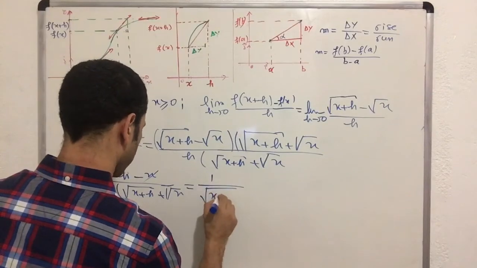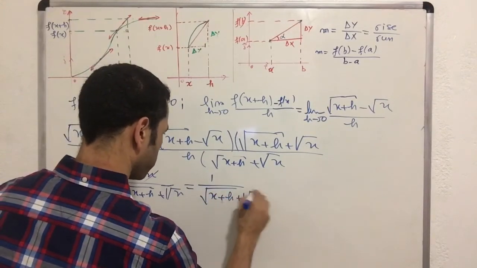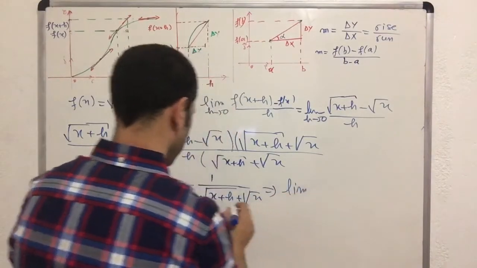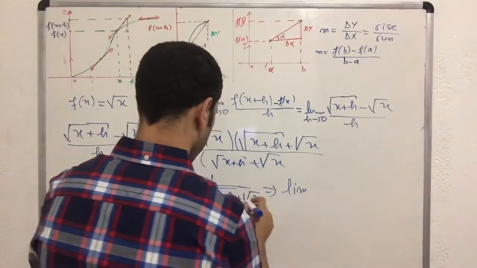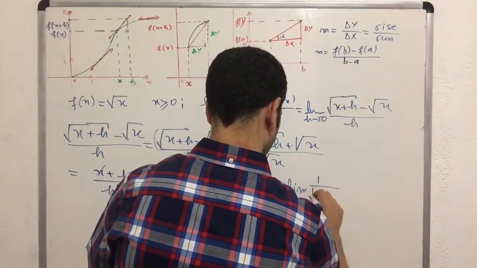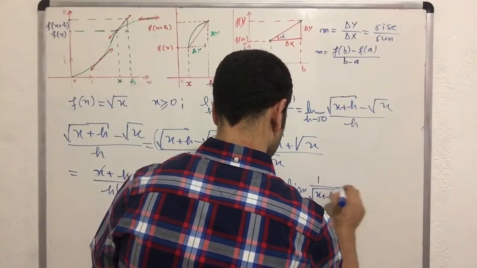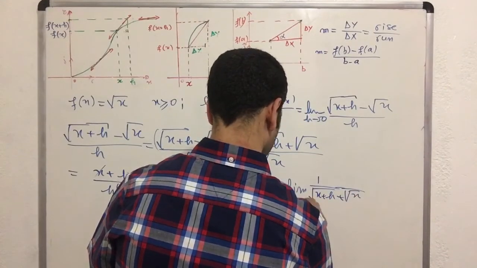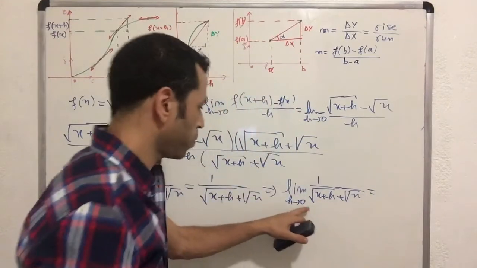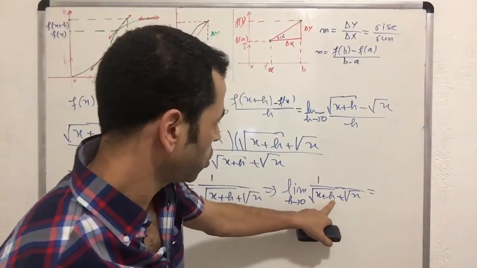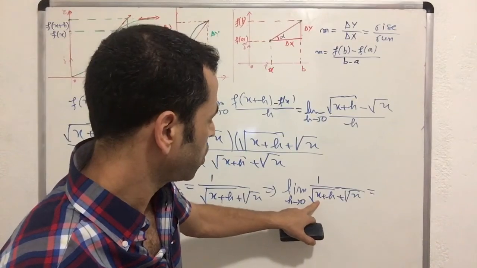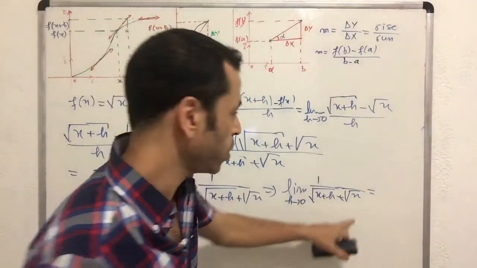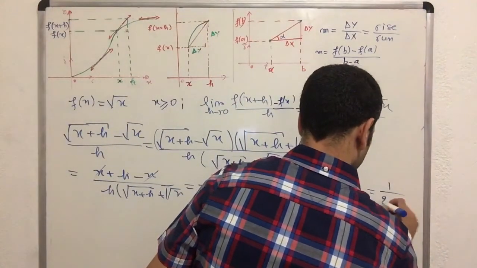This is what's left. Now apply your limit, where h is going to 0. Plug 0 into h. What is left? The square root of x plus the square root of x, which is 2 square root of x.